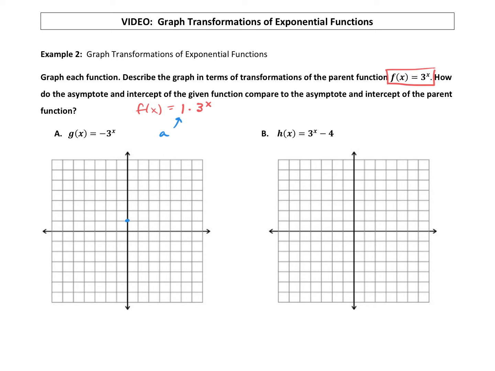And then you can think through a couple other points on here. 3 raised to the first power. Well, when x is a 1, what's 3 to the first power? 3 to the first power is 3, times 1 is just 3. So another ordered pair on our parent function, when our x was a 1, the y would be a 3. What if your x is 2? 3 squared is 9, times 1 is 9.